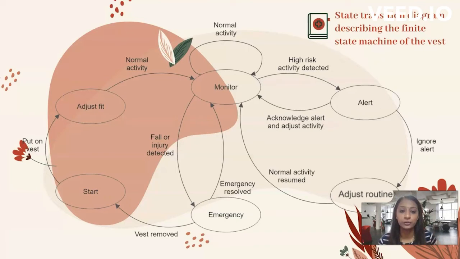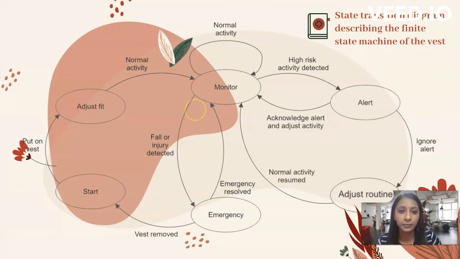That means the user will receive an emergency call saying that there's an abnormal activity detected. And other than that, if there's any fall or injury detected, the system will automatically contact the helpline, which is 999, and also it will acknowledge that there's an emergency here.